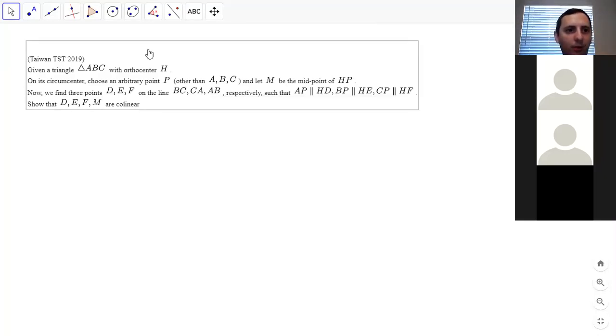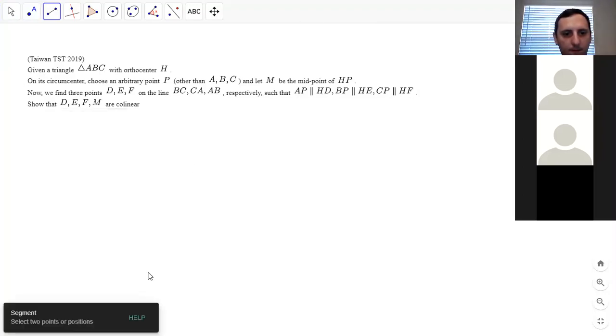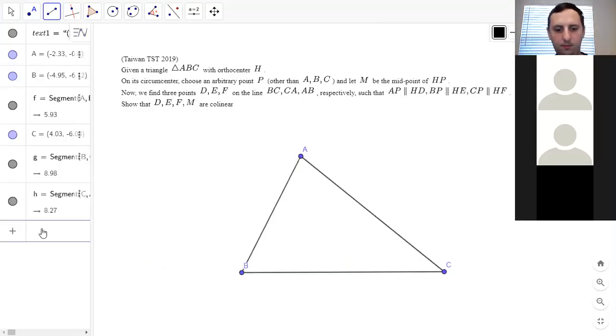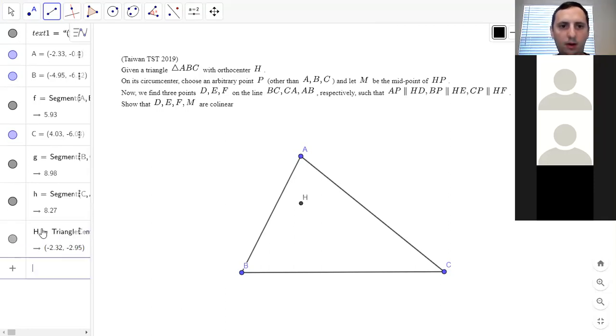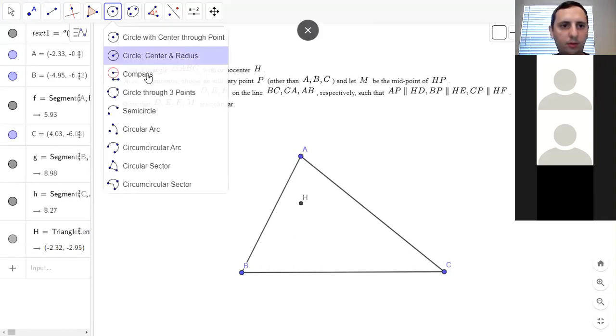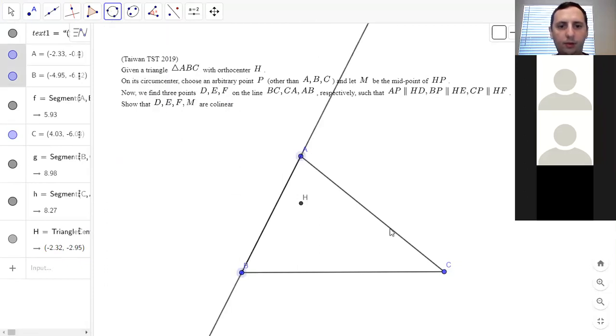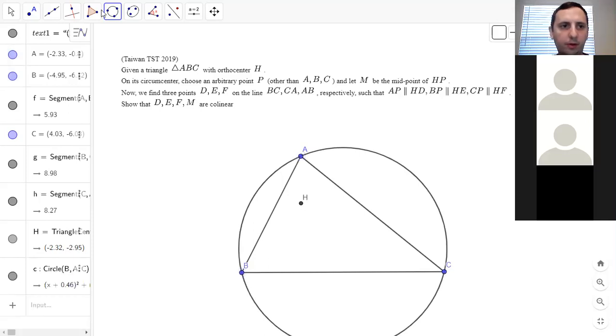We have a triangle with orthocenter H. And then on its circumcircle, we choose an arbitrary point P. I'm guessing that should say circumcircle, not circumcenter.